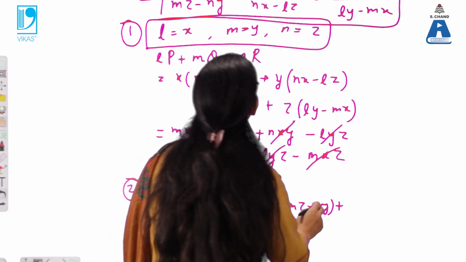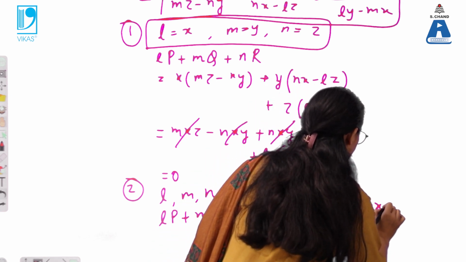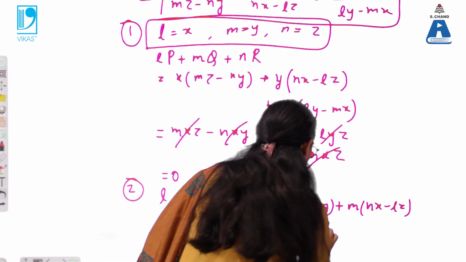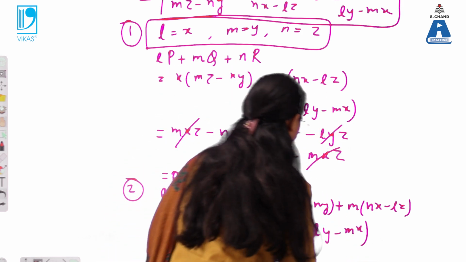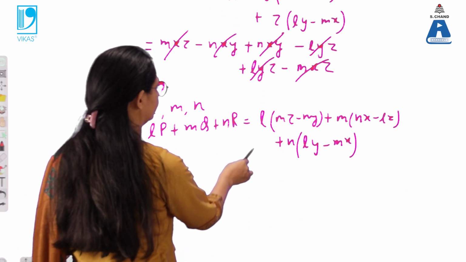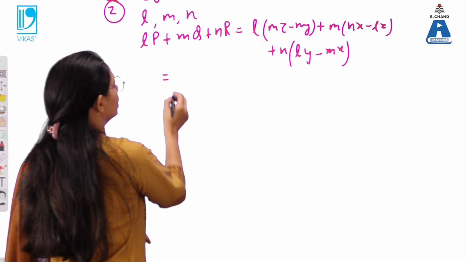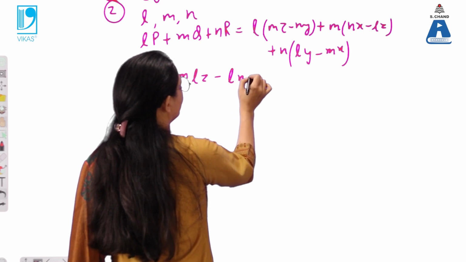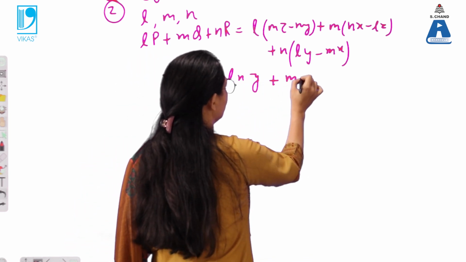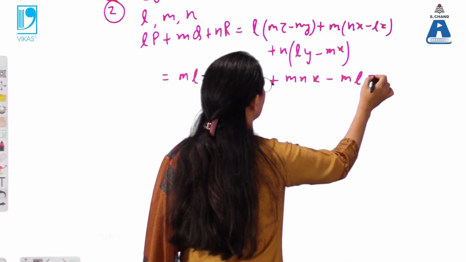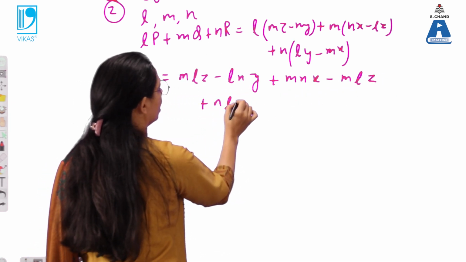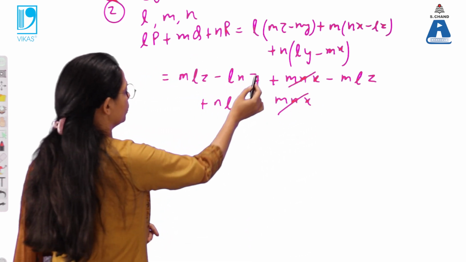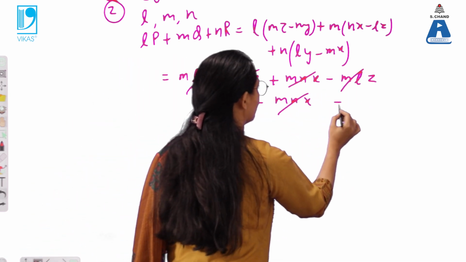So l, and m into nx minus lz, plus n into ly minus mx, and let us see if it comes out to be 0 or not. If we simplify this, it becomes mlz minus lny plus mnx minus mlz plus nly minus mnx. So mnx gets cancelled with this one, nly, mlz. So this comes out to be 0.